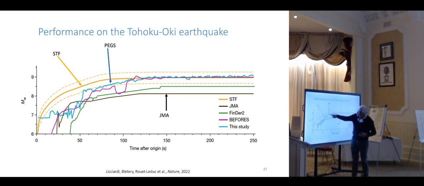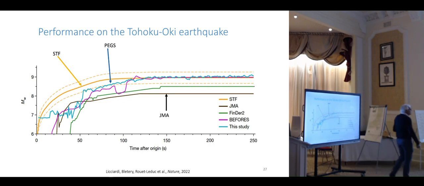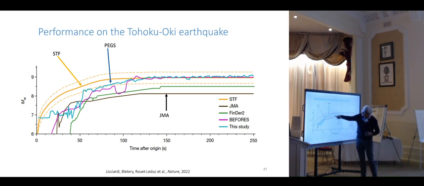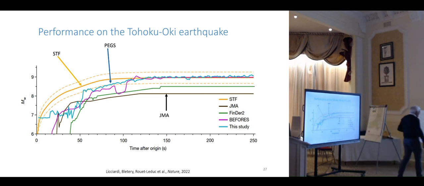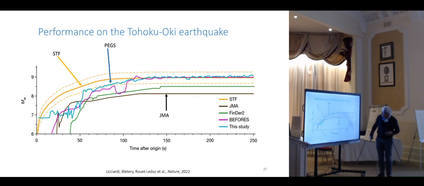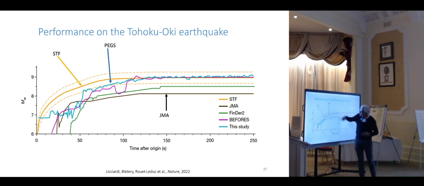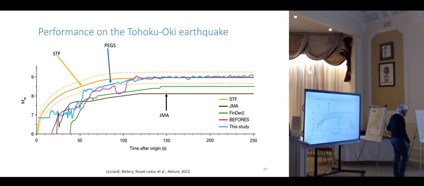So that's the example where with PEGS we can detect, after basically 100 seconds, the real magnitude of the Japanese earthquake. There are some other techniques. One good competitor is GPS data, which is here in the blue, where you have an estimate almost as good as the determination from the PEGS.